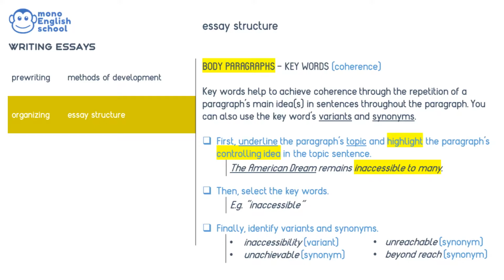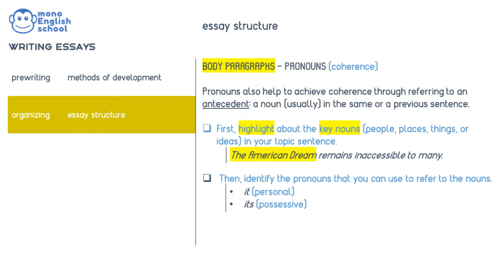The second technique is to use pronouns. Pronouns usually refer to antecedents in the same sentence or a previous sentence. An antecedent is the noun that the pronoun replaces. An approach to using pronouns would be to first highlight the key nouns in the topic sentence.